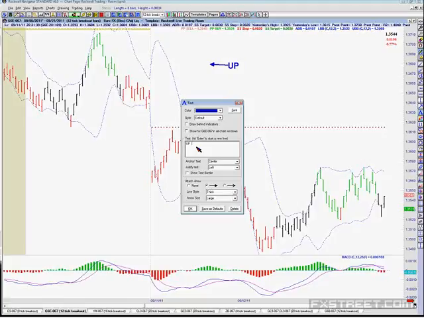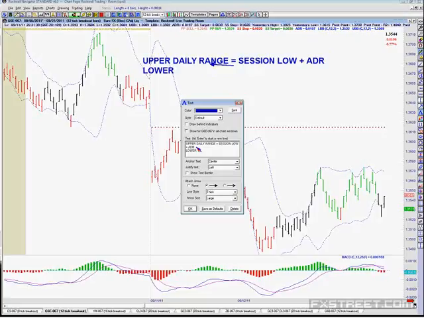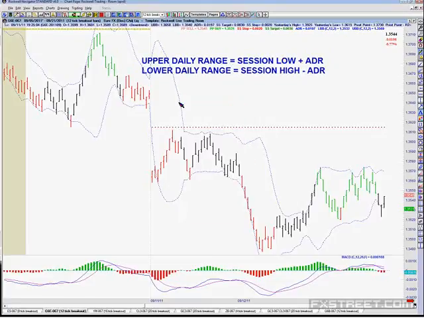So the upper daily range is the session low plus the ADR, and the lower daily range is the session high minus the ADR. Now, you'll probably find that most trading days, this doesn't really come into play.